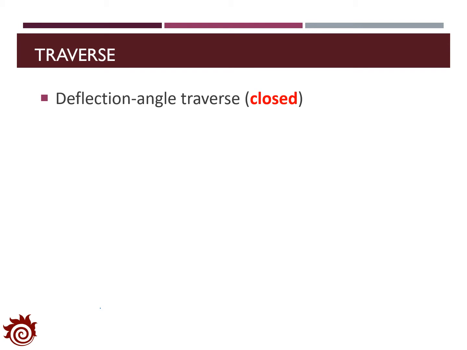In this kind of surveying, we are given the initial line, say SR, and the end line, say it's M and N. And then we can have some measurement about the lines in between.